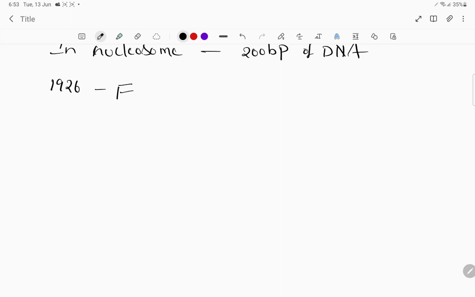But the discovery of DNA as genetic material took a long time. So by 1926, all of these things, like Walter Sutton and Thomas H. Morgan, all these discoveries had come into light.